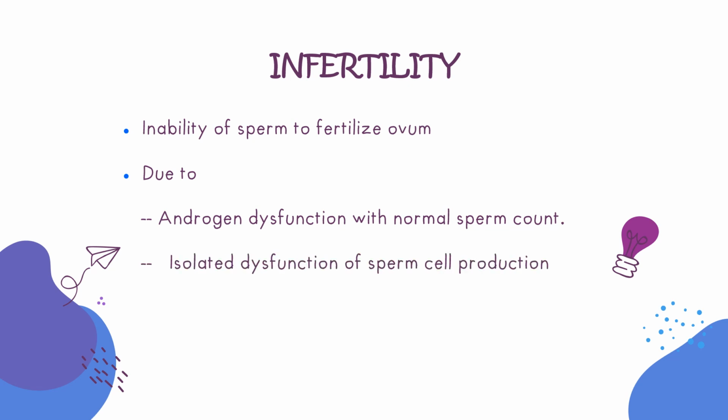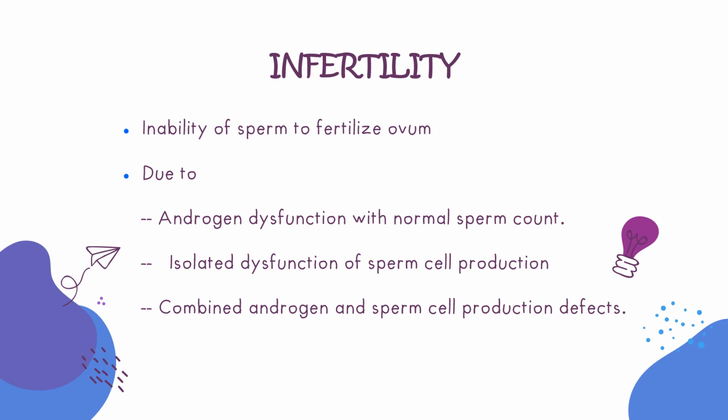Then isolated dysfunction of sperm cell production with normal androgen levels, when there is an infection, congenital deformation of the passage, a defect in the male reproductive tract, formation of non-motile or otherwise abnormal sperms.